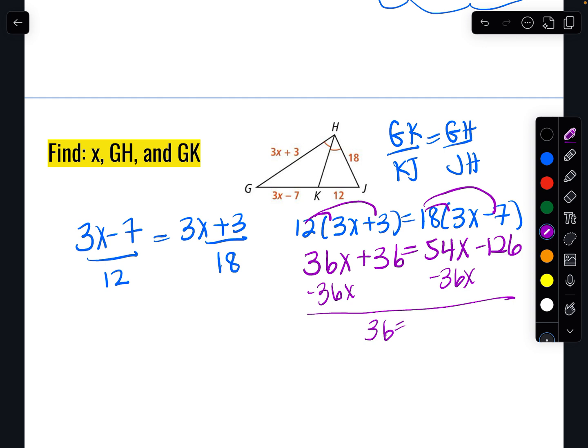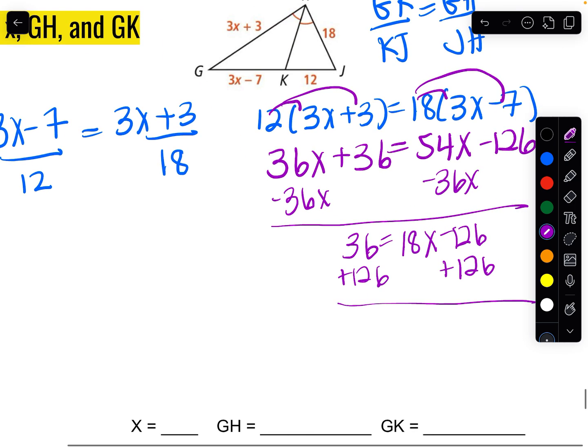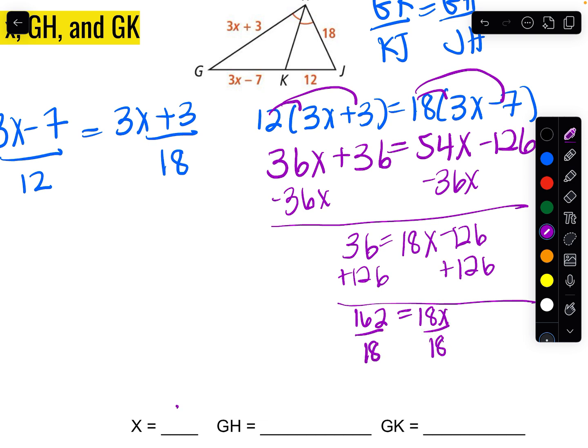So we have 36 equals 18x minus 126. And then adding 126, I would get 162 equals 18x. And finally, dividing by 18, we would get that x is 9.